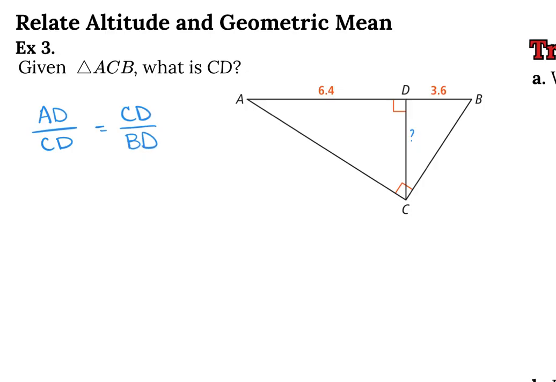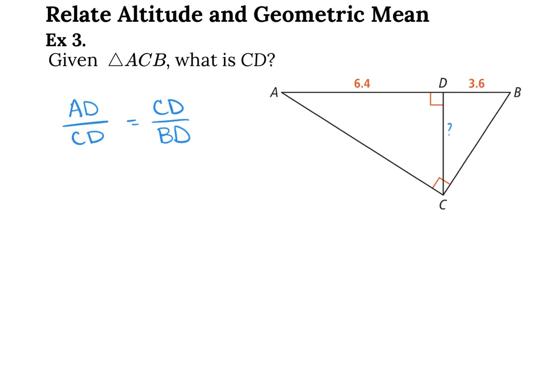Okay, so for this one, they only gave us 2 measures. Go ahead and plug in the information I know. AD is 6.4. CD, we don't know. BD is 3.6.